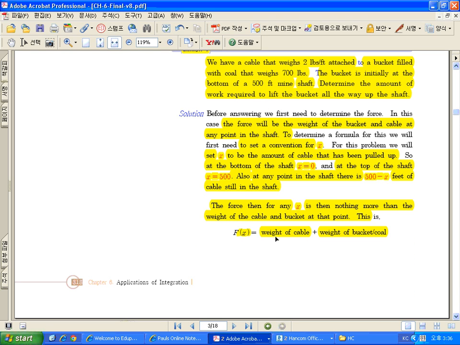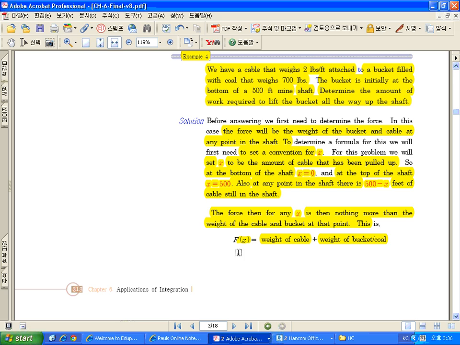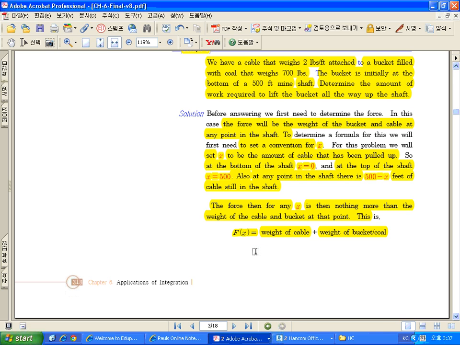The weight of cable is 2 times 500 minus x, since the cable has two parts, so 2 should be multiplied. Plus 700 pounds for the bucket with coal. So 1,700 minus 2x is the force that is needed.